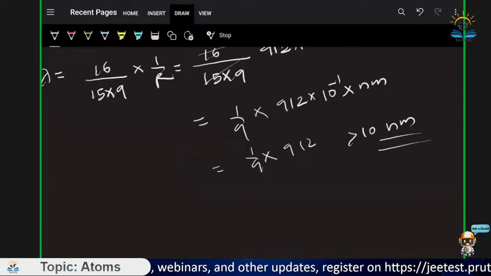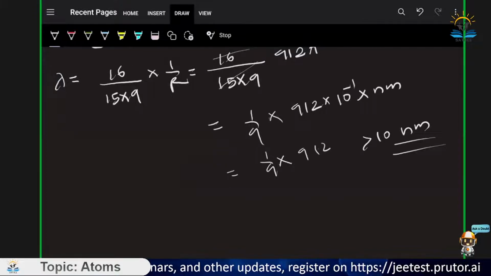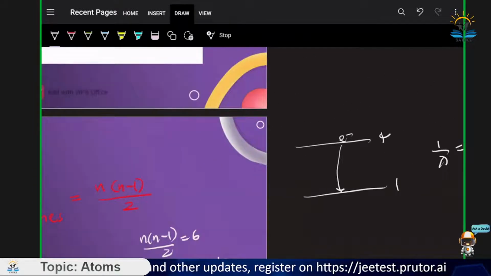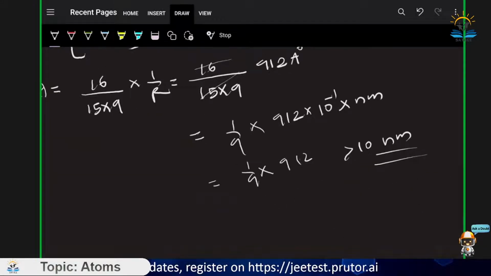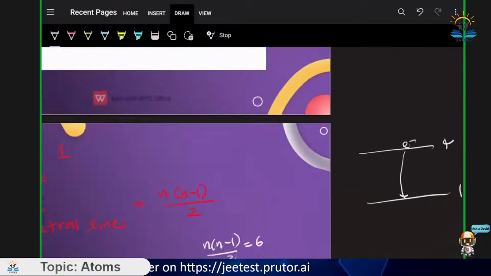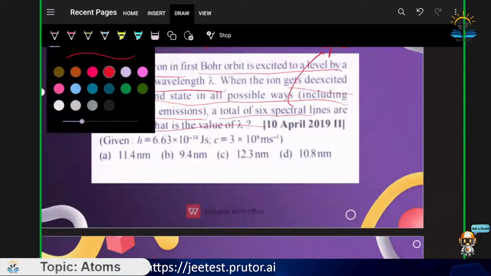This will be the answer, about something nanometer. But it won't be 9 times, 11 times. 11 into 90 is 990, so it won't reach there. So the option will be D only.